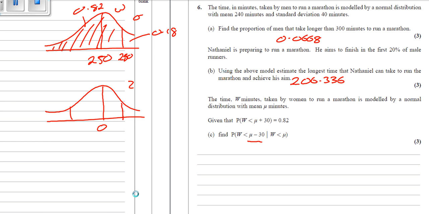So if we keep with the 250 here, so if we keep with the W curve, let's tidy it up a little bit. If that was 250, let me do this symmetrically. Let's start that again.